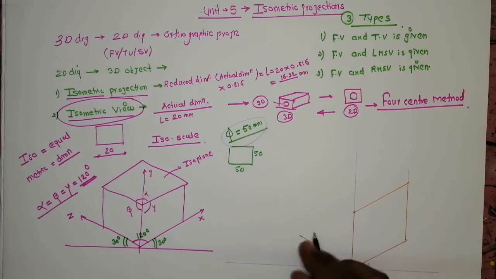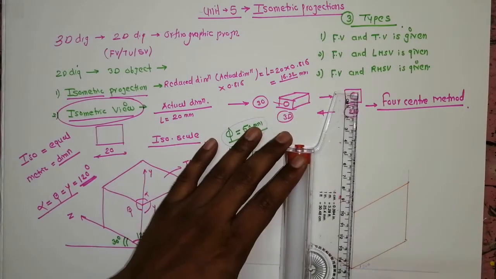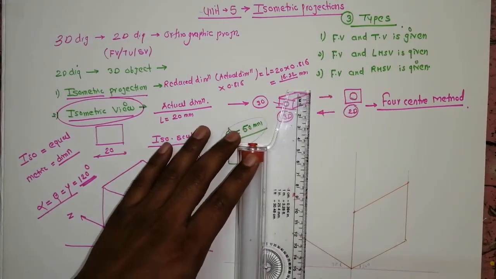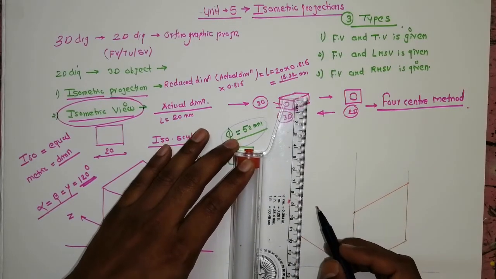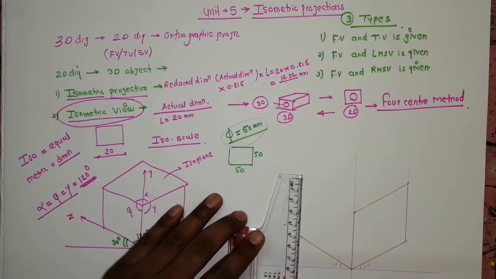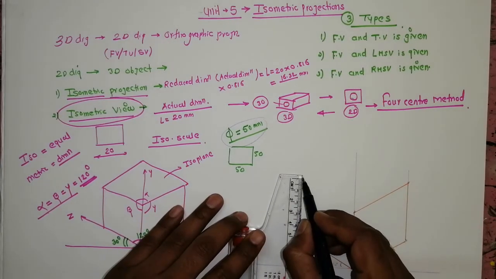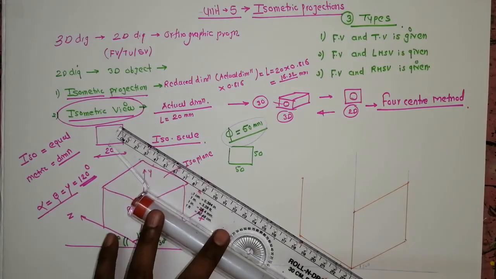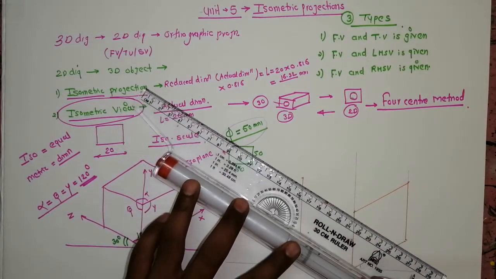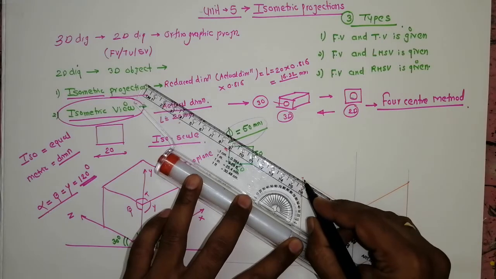Okay, now from this intersection vertical, so parallel to height, so vertical axis. So here we have to take 50 mm. Okay, like this. Now from this intersection parallel in this direction. Okay, so this comes out to be like this.